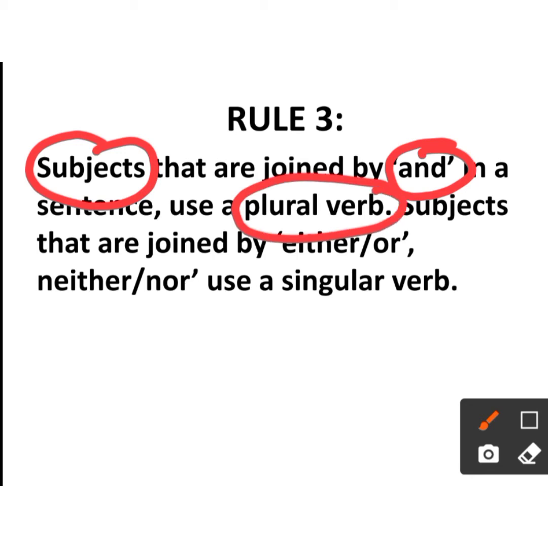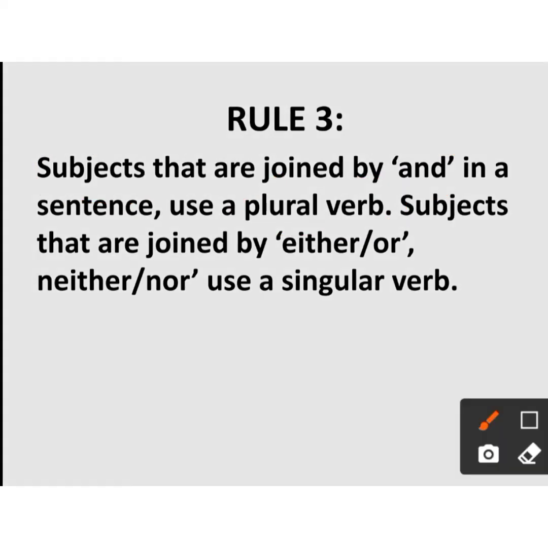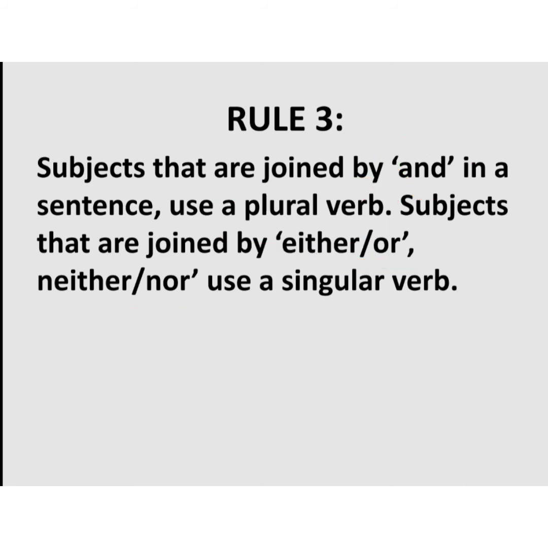And when you have subjects that are joined by either or, neither or nor, you must use what? Singular verb. Please keep this in mind, okay? If you have subjects that are joined by and, use plural. And when you have subjects joined by either or, neither or nor, use singular verb.